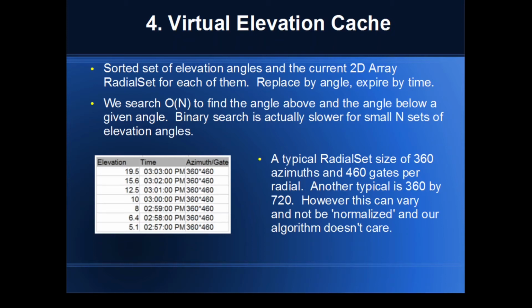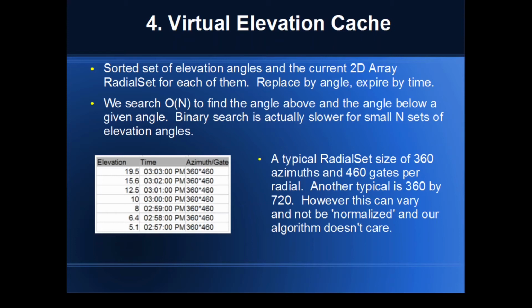The virtual elevation cache stores the current set of elevation angles within the time window of the algorithm. For lookup, they need to be sorted, and they have to refer to the radial set 2D data of the elevation scan. Since data is in space and time, elevation angles replace the matching older angle. Also, since VCP patterns can change, the angles have to expire at some point if they get too old, because another angle to replace it might never actually come.